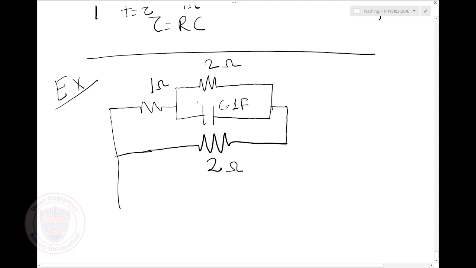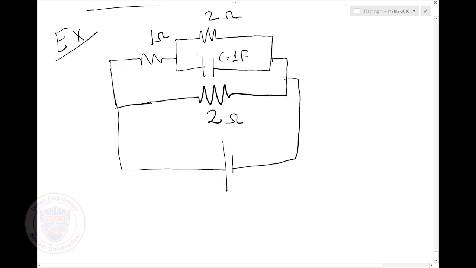All the circuit is tied up to a potential source, a battery of 6 volts.